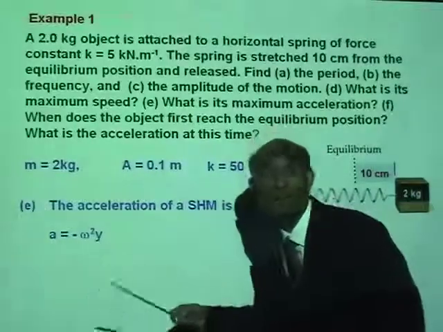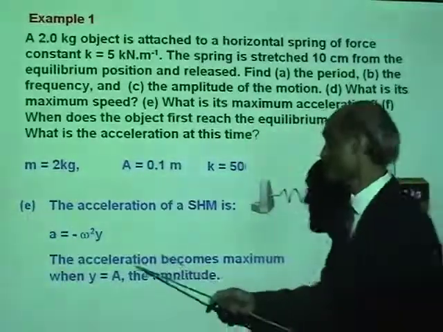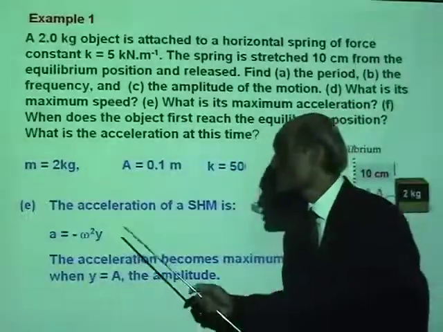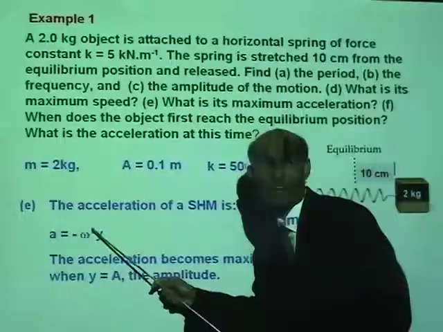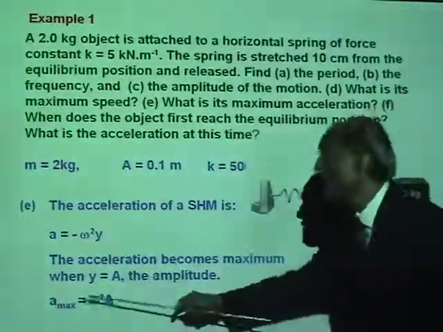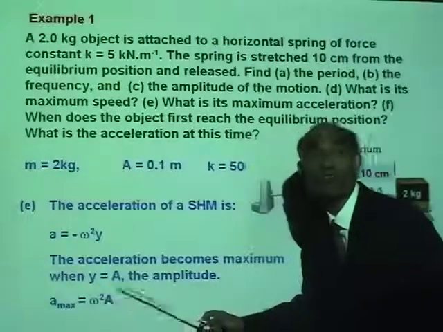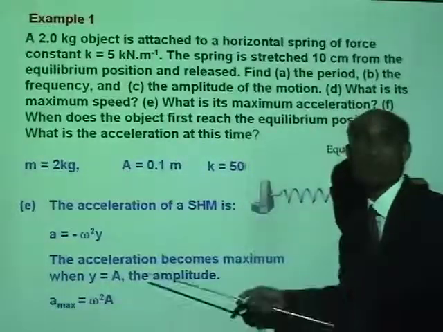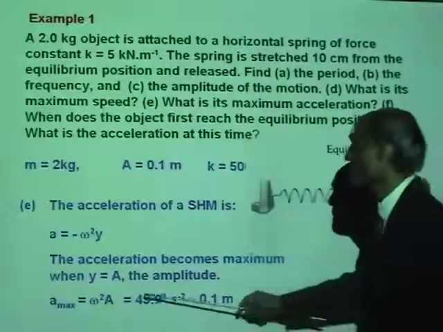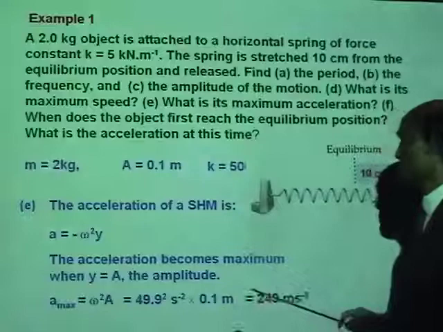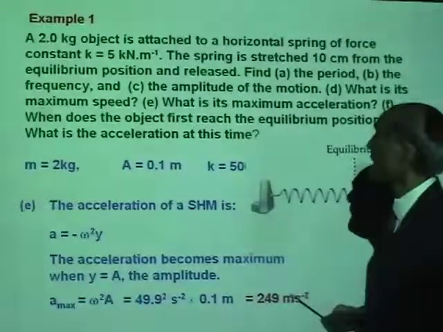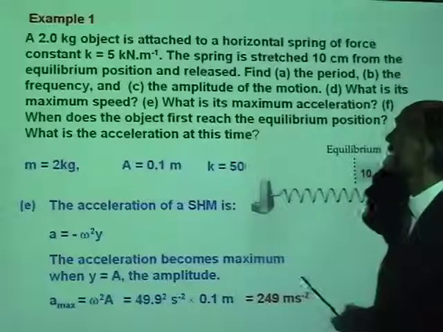The acceleration becomes maximum when y equal to A. And since we are looking for the maximum value, we will not use the negative sign. So a max equal to omega squared A. And we know the value of omega. We know the value of A. Therefore, maximum acceleration is 249 meters per second squared.